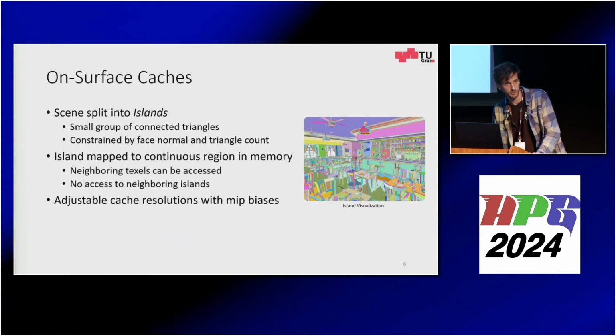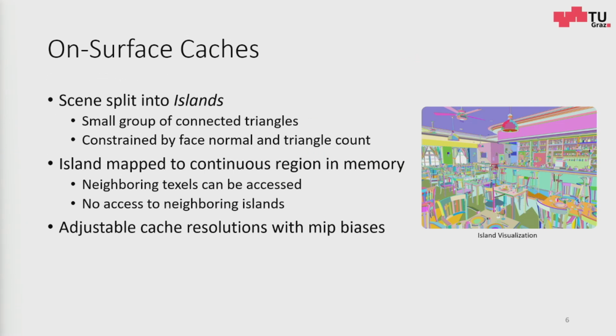The scene geometry is split into so-called islands, which are a connected group of triangles. Those triangles are grouped together based on their normals. This ensures that they can be represented in texture space without much distortion. The image to the right is just a visualization of such islands where they are color-coded.